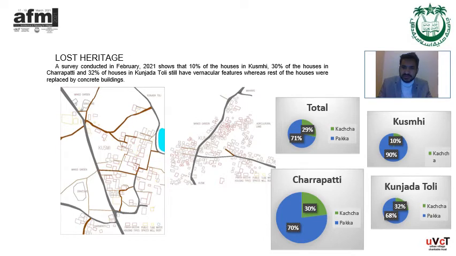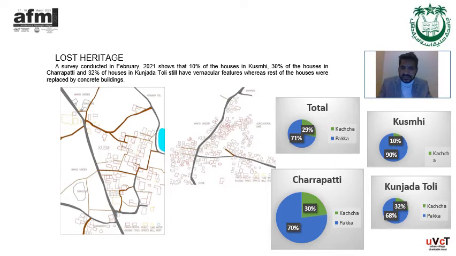If we talk about this in terms of mohallas, Kusmi has only 10%, Charapati has 30%, and Kunjatoli has 32%. This result also shows the link between the economic condition and modern building construction.